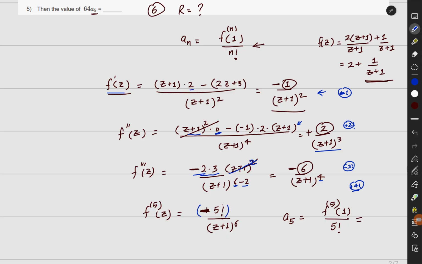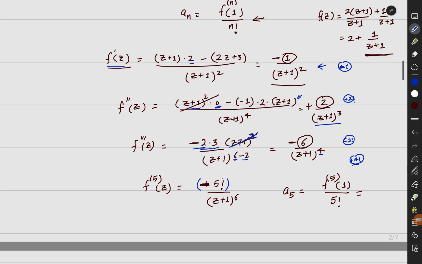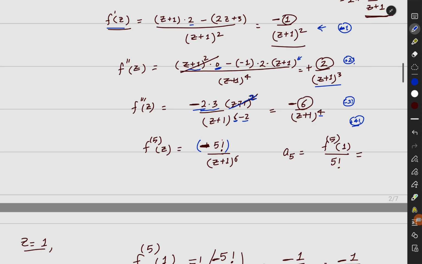This is written here. You also calculate this, and you will find this. Okay, so the fifth derivative we have calculated. Now it is time to calculate the coefficient a5.